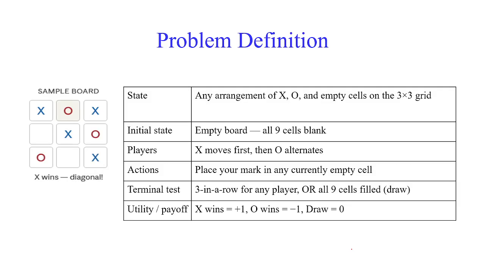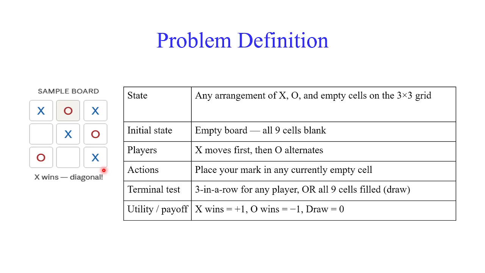Now, this is a sample board. Already I've drawn it for you. You can see here X wins for placing it diagonally. Okay. Now let's go through each of the components in this tic-tac-toe problem formulation.